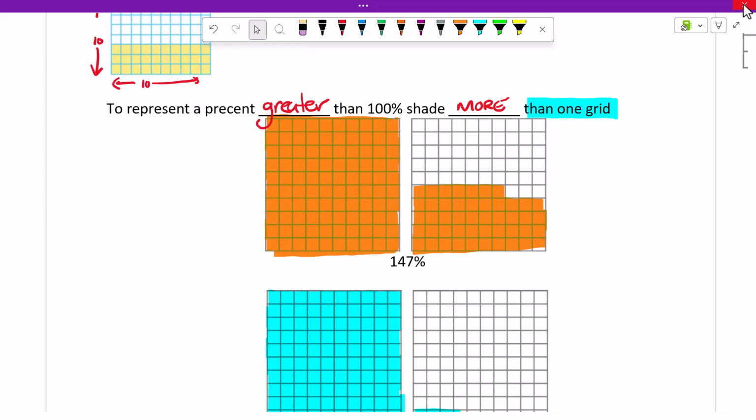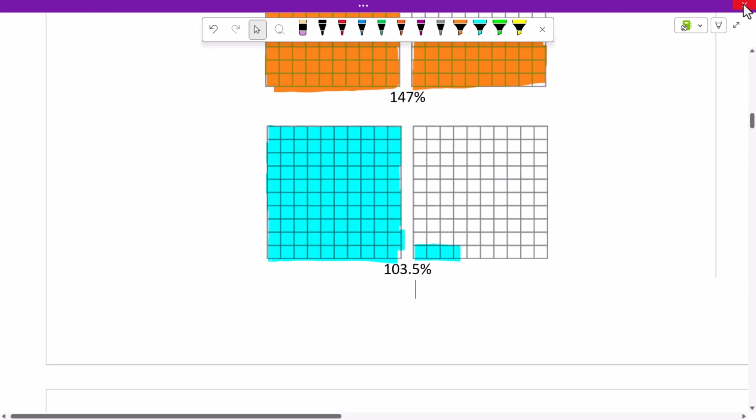You could count that up and say 147%, right? That's not too big of a deal. Now, if I did the same thing here, covered this up and said what percentage this is, how many of you guys would say 103.5? Or you can maybe say 103.7, or you may say 103.6.